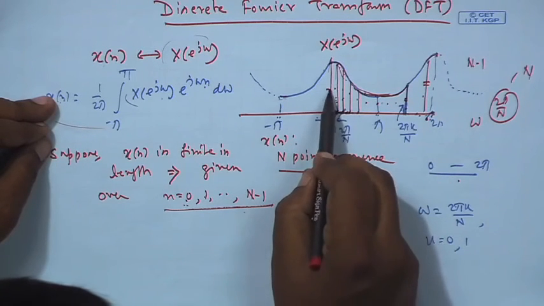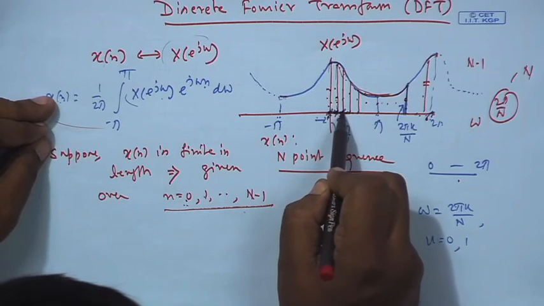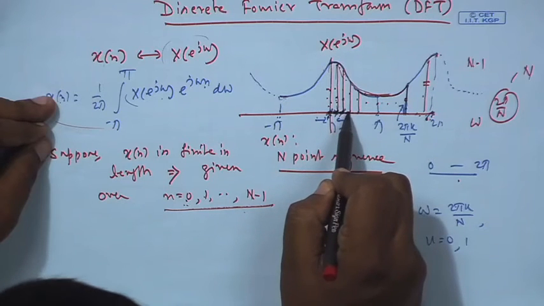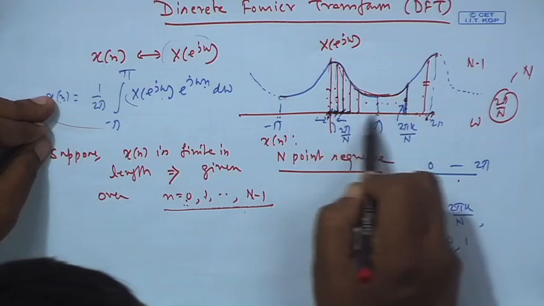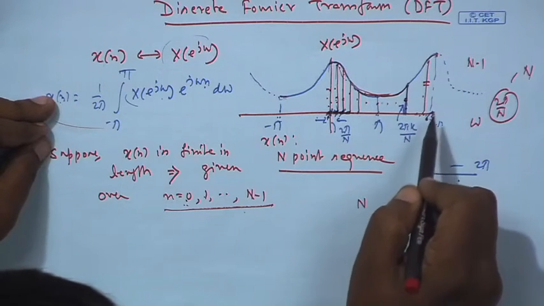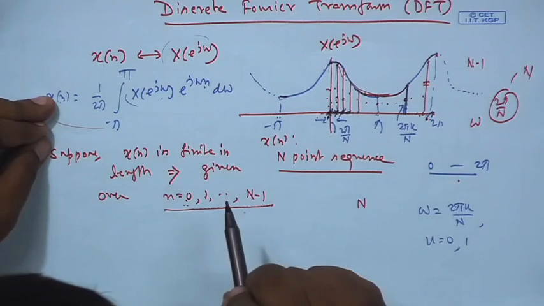Understand? I repeat again. 0th sample, you go ahead 2 pi by N. First sample, you go ahead further 2 times 2 pi by N. Second sample, you go ahead further 3 times 2 pi by N. Then for the N minus 1th sample, you cover this entire zone, N times 2 pi by N, that is 2 pi. That is why if you count, it will be N minus 1.